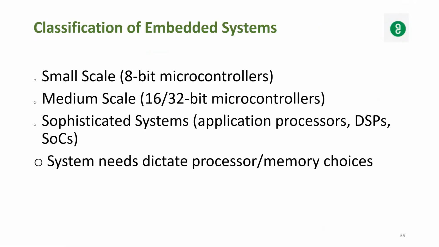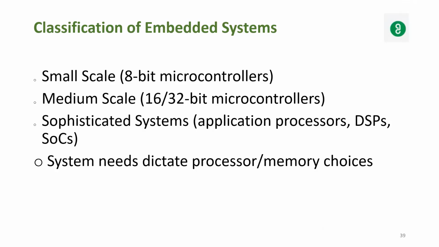Classifications of embedded systems. For a small scale embedded system, you will use only an 8-bit microcontroller. It is not necessary to go for a 32-bit or 16-bit microcontroller. For example, take a small toy car which moves around the house.